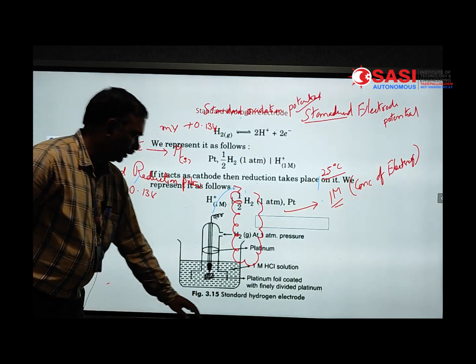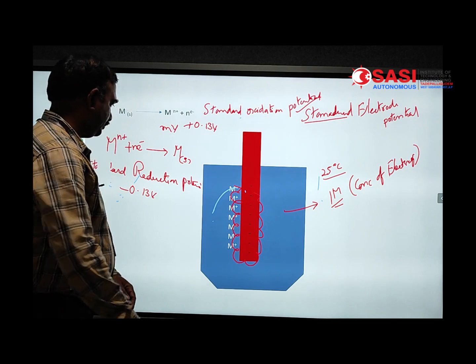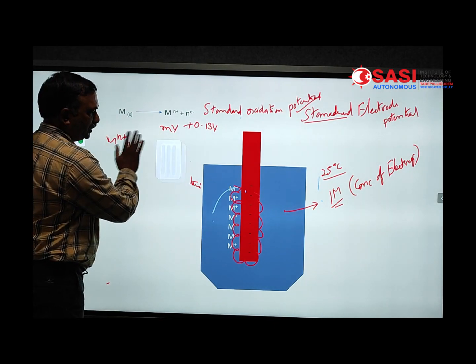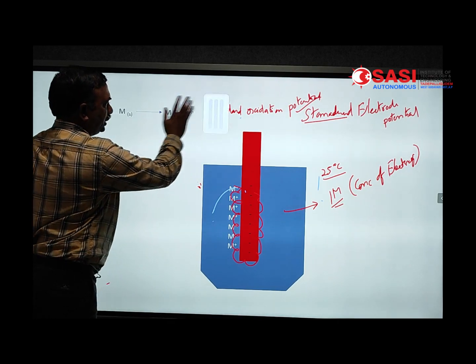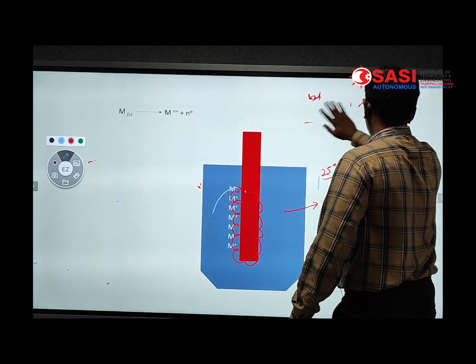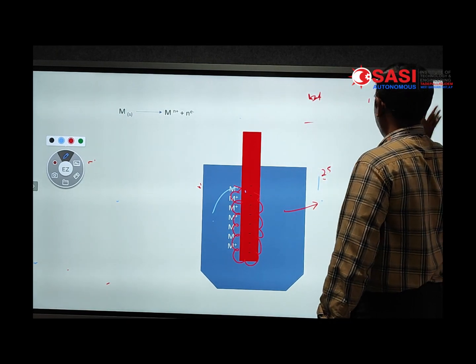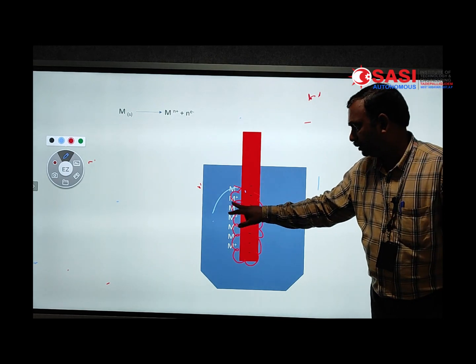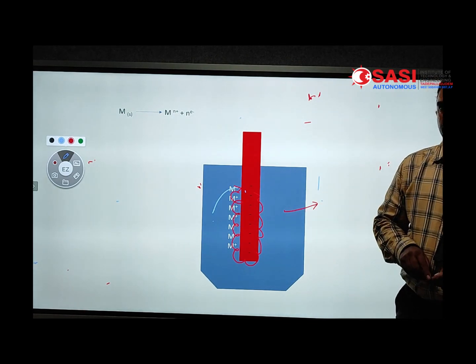So next we will go for how to determine these electrode potentials. So can you measure the potential which is developed at this interface? What is my question? Can you measure the potential developed at the interface, means between the solution and the metal? Is it possible?